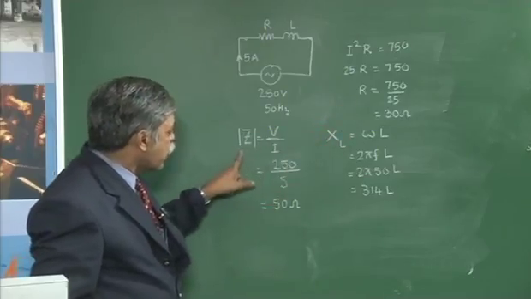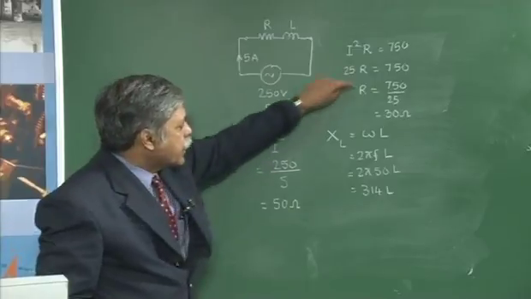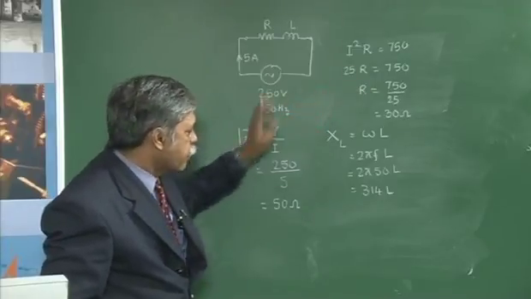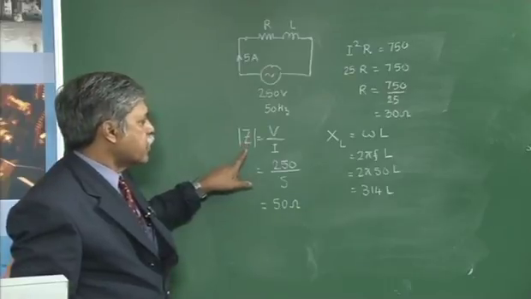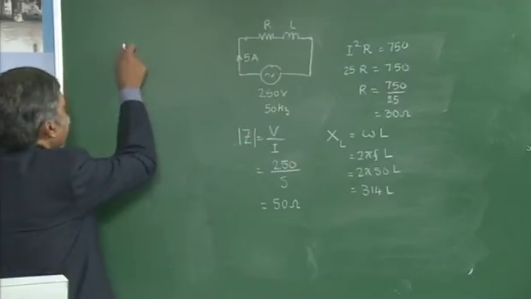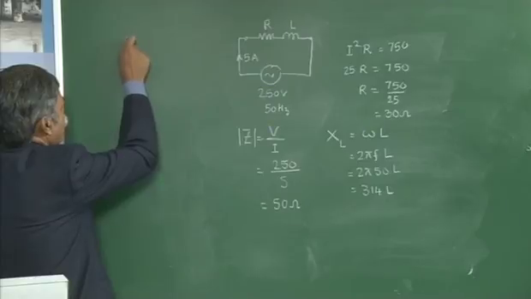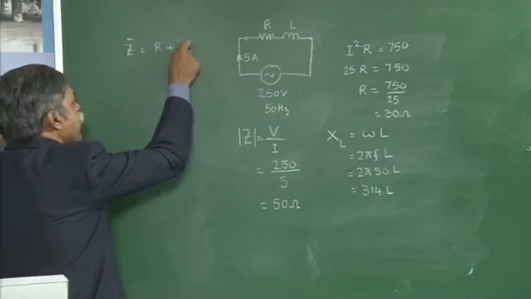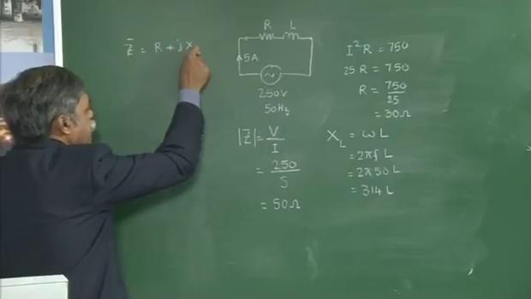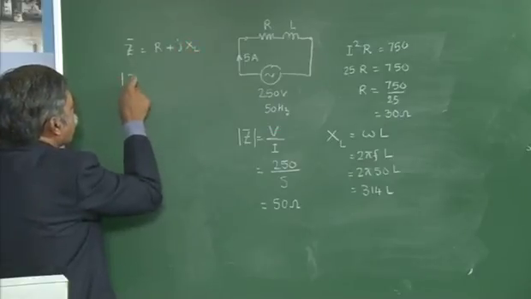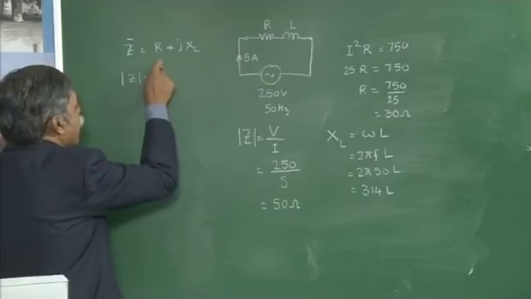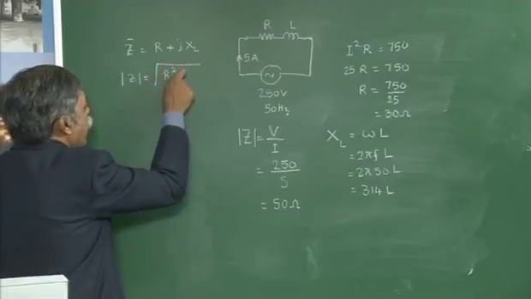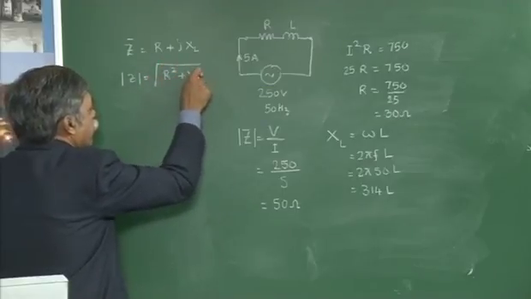Now take the equation for the magnitude of Z in terms of R and XL. I told you this impedance is a complex number. When I write the impedance Z as a complex number, I have it as R plus j XL. The magnitude of the impedance will be given by the square root of R square plus XL square.